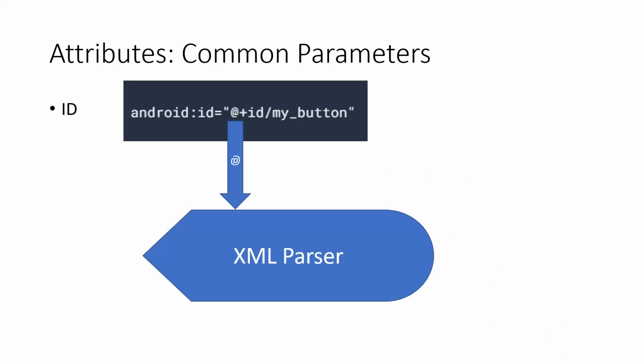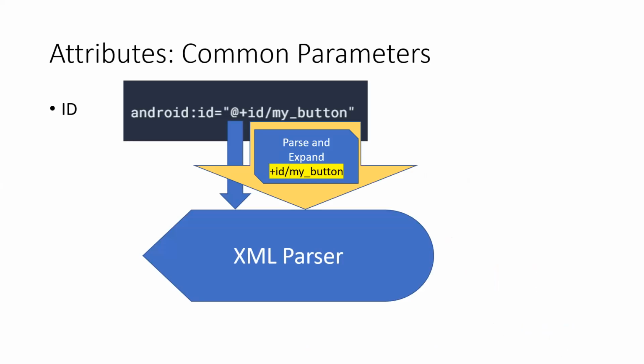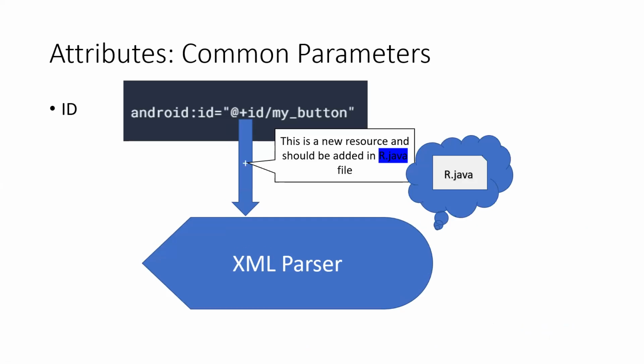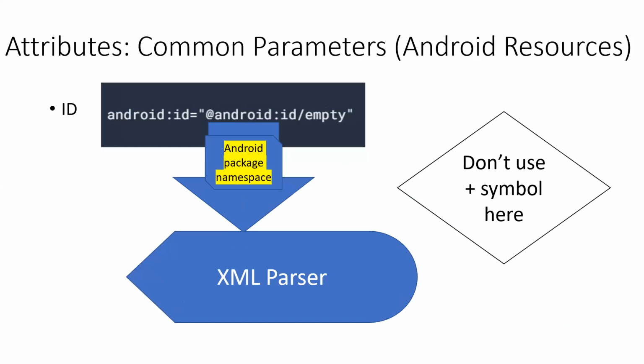And I told you what I mean by the @ symbol. The @ symbol is just an indication to the XML parser that it has to parse the rest of the string and expand it, and it should treat it as a separate unique ID. The plus symbol says that it is a new resource, and it should add it in our Java file. It's not always that we use plus symbols. When we do not use the plus symbol, that means we are using existing resources.